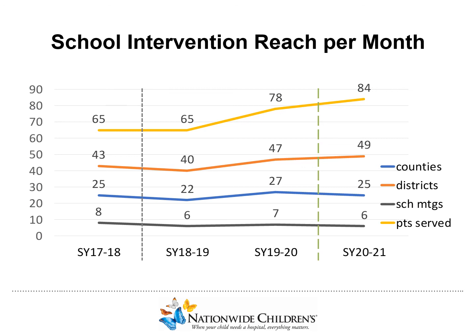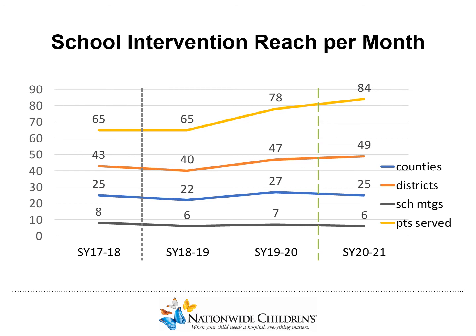So really, despite the change in model, the number of school meetings that we participated in each month has been stable. The number of counties that kiddos have come from has been about the same, and districts has been relatively the same.